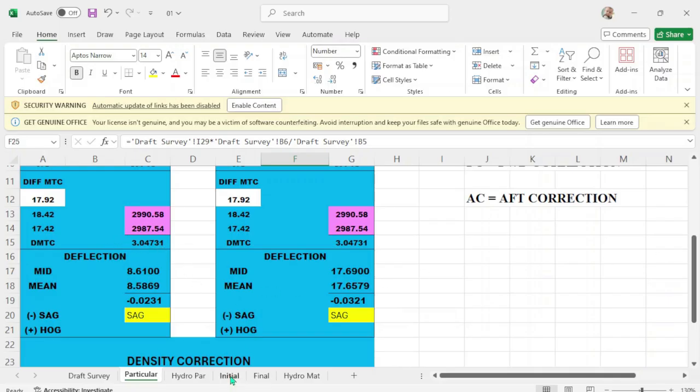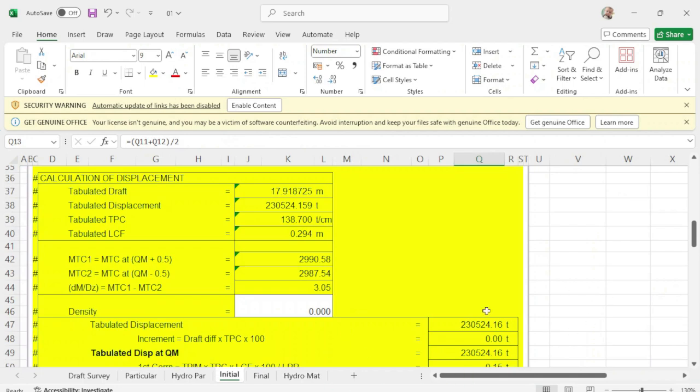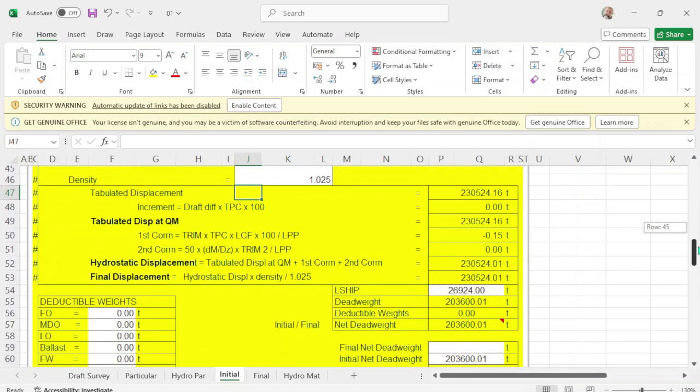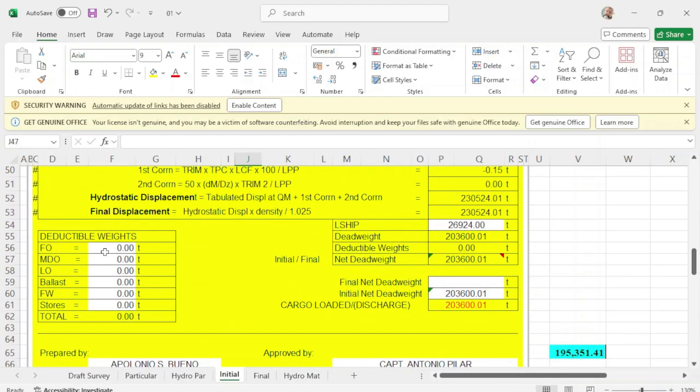So we go to the initial. Then we import here the density, local density of 1.025. Then we import now the ROB or the weights. FO 6315. DO is 46.6.